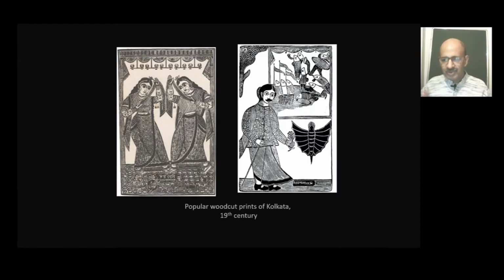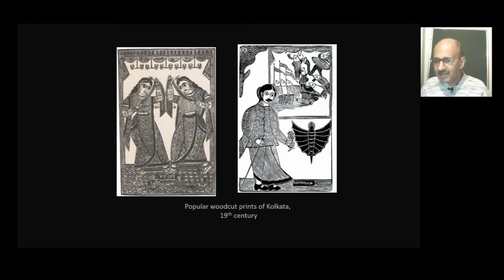So, if you remember the imagery on the right hand side, the typical late 19th, early 20th century Babu of Kolkata, very nicely decked up with a rose in his left hand, this particular image embodies a particular Kolkata culture of late 19th and early 20th century, and we have seen painted images in Kalighat painting before.